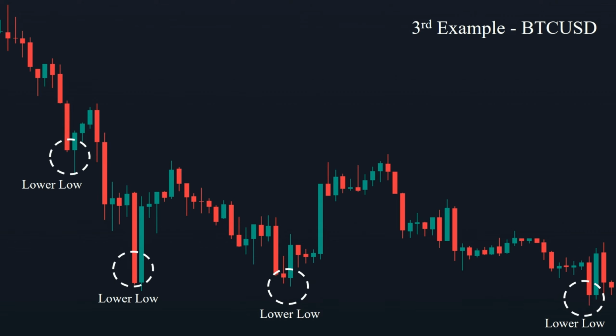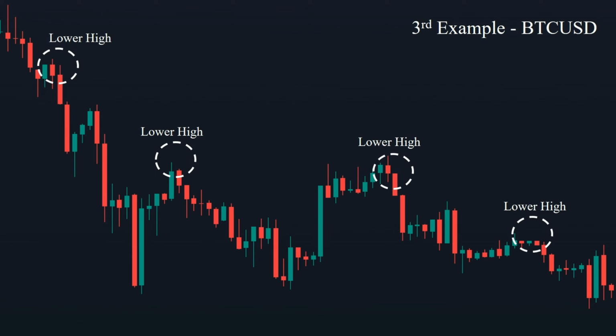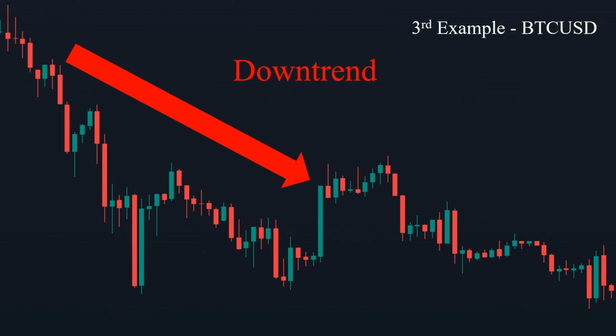And also, this chart is comprised of a couple of lower highs, which means that at some specific points, buyers wanted to increase the price and break the line and go higher and higher, but they weren't successful in their mission and couldn't accomplish it, which means that the overall picture of this chart is a downtrend, and it means that the price is decreasing.